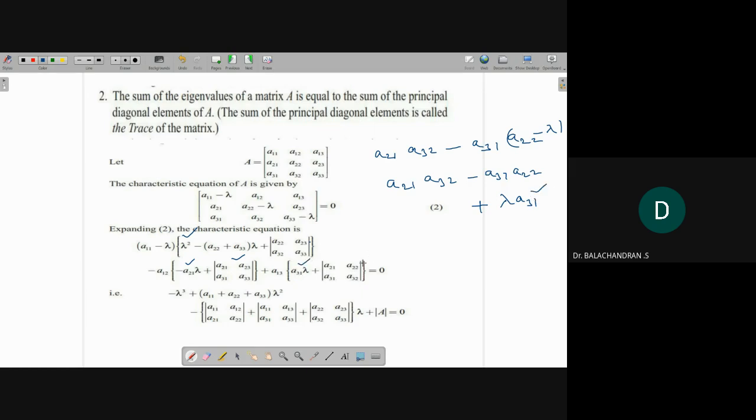This determinant has A21, A32 minus A31, A22, so that is here. Okay, I think up to this step I explained.